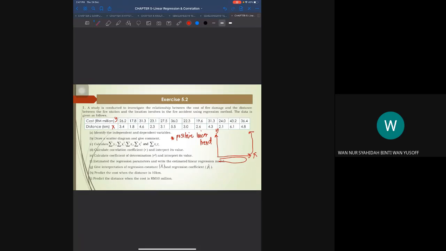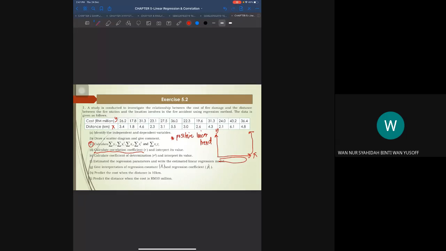So C, calculate. No need to calculate manually. Just use your calculator, key in the data, and then get the summation values from your calculator. So calculate the correlation coefficient and interpret its value. So here you have to calculate manually.